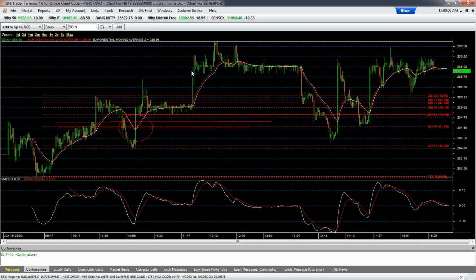Okay, so the first target will be about 285.30, right? So 285.30 plus 75 paise is somewhere around 286.05, somewhere around here, right?